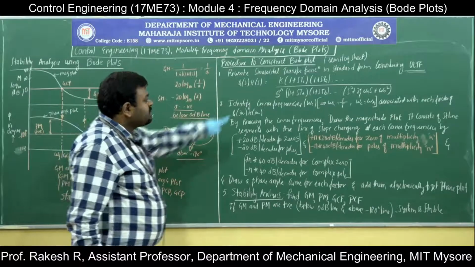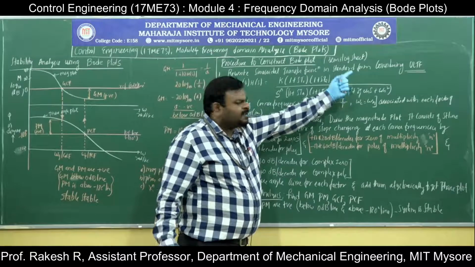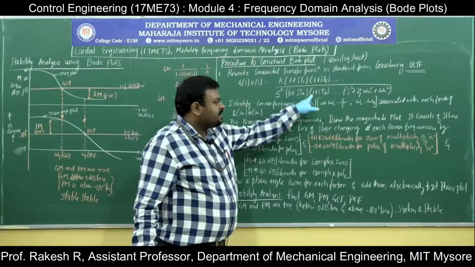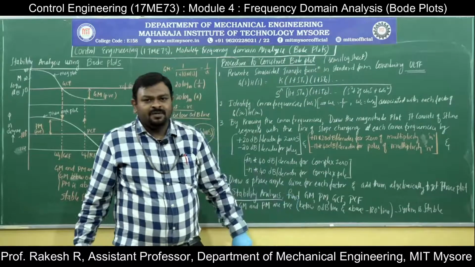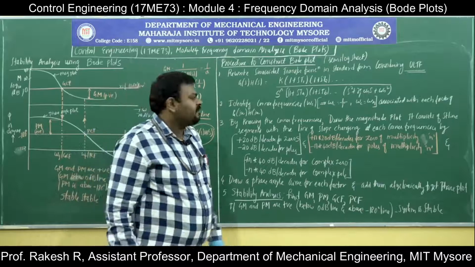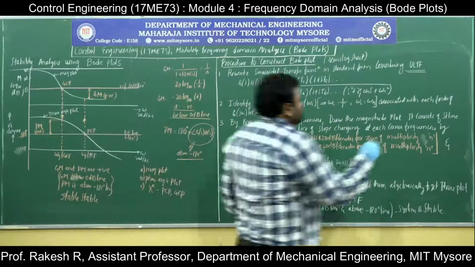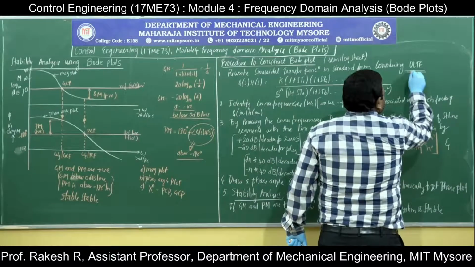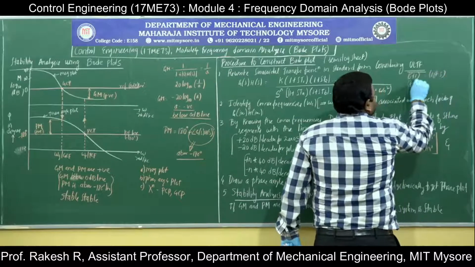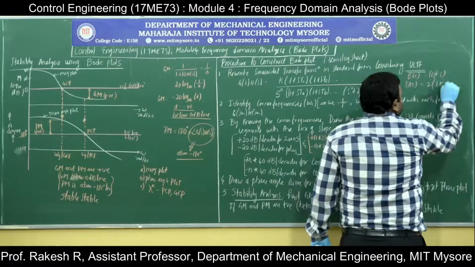What is the standard form? This is the standard form: K into (1 plus sT1)(1 plus sT2), etc. There might be a square term in the numerator also, divided by s to the power of 1, (1 plus sT), (1 plus sT), etc. Suppose s plus 1 is given, convert that to 1 plus sT form: 1 plus s. If s plus 2 is given, take 2 common, so it is 1 plus s by 2.